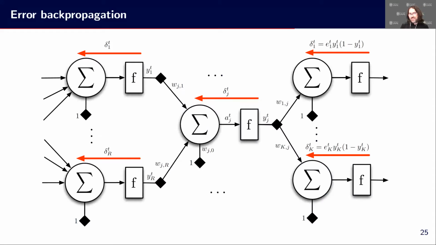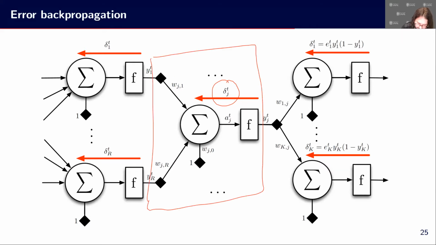So let's see this again. So basically we are looking at this delta because we want to update that neuron. This is what we are looking for. So the updates for that neuron depend on the deltas of the following neurons.